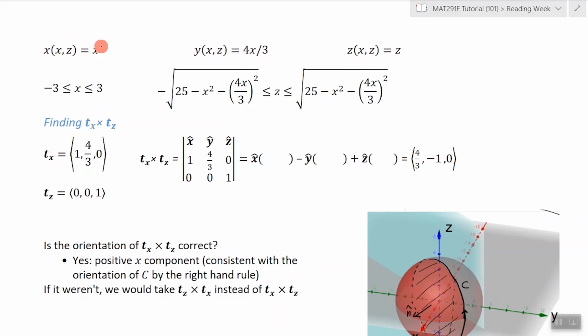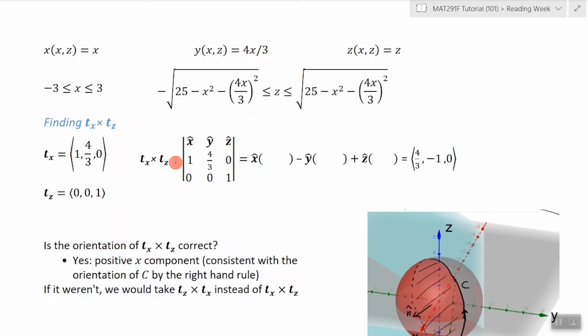So here you would get 1, here you would get 4/3, and here you would get 0. This is what I wrote here: 1, 4/3, and 0. For Tz, I got 0, 0, 1, because differentiating with respect to z gives you 0 for the first two components, and then here you get 1.